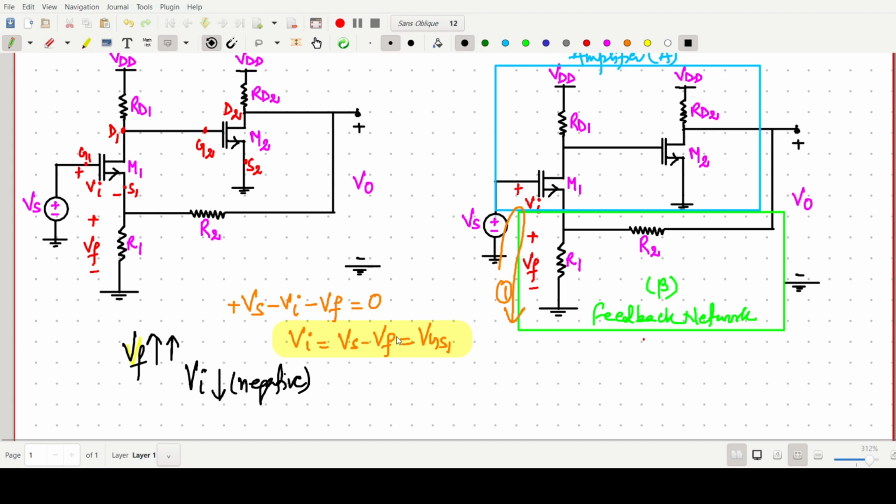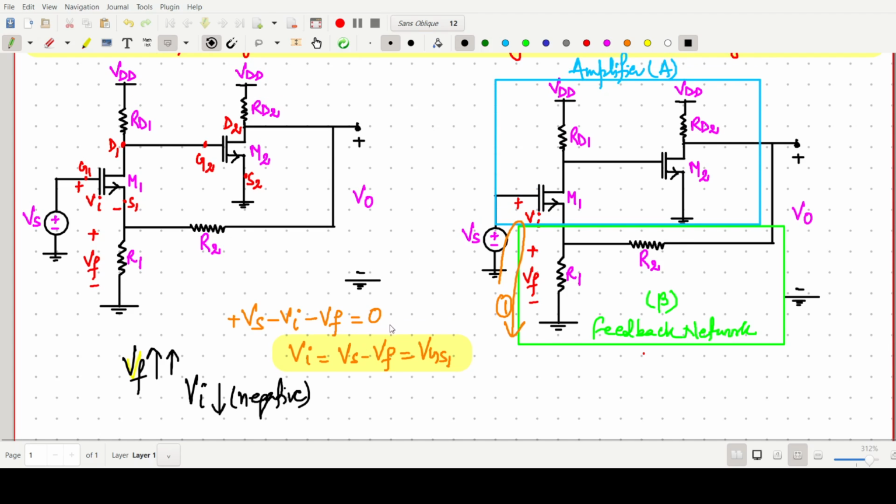Now how is this Vf increasing? For example, I call this output voltage V naught 1.